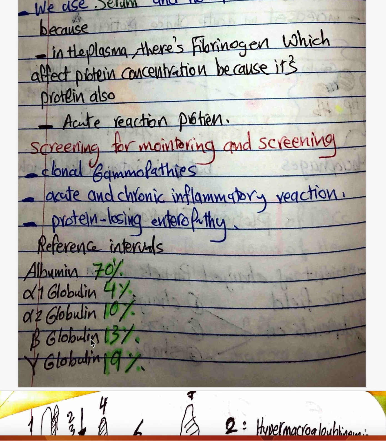It's a quantitative, not qualitative measurement. Quantitative means it measures the quantity and not the quality, because we know there is an increased level of immunoglobulin, but we actually don't know which immunoglobulin is increased.